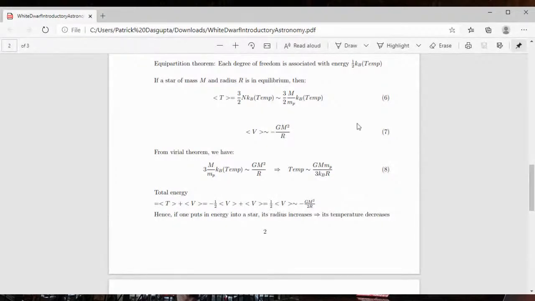That is the reason why in our thought experiment, when I connected the sun to a red giant and heat flowed from sun to the red giant, its radius increased. Why? Because when the heat flowed, the red giant star got more energy. But if it gets more energy, by virtue of this equation, R must increase. So the radius increased. By virtue of the virial theorem, if radius increases, temperature goes down.